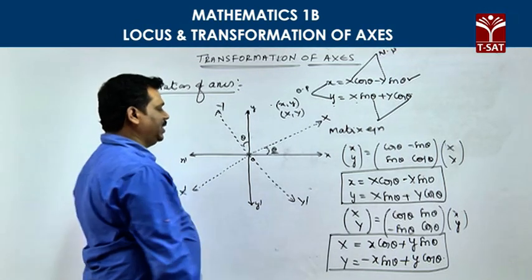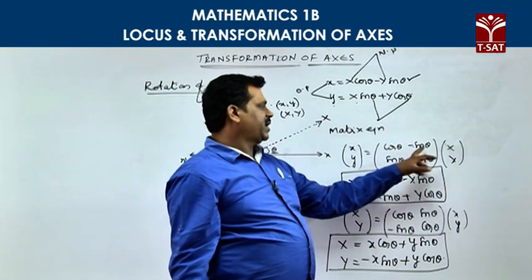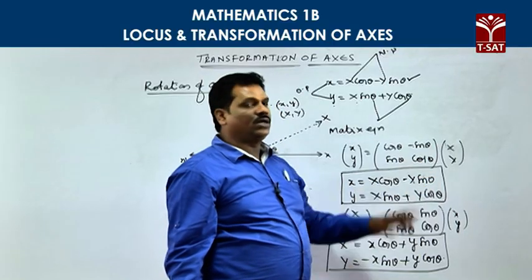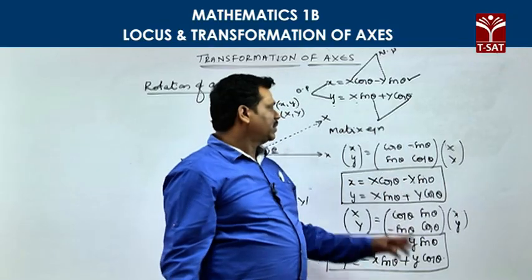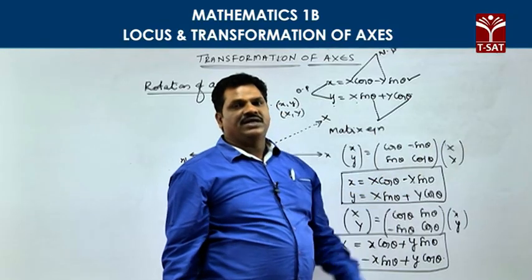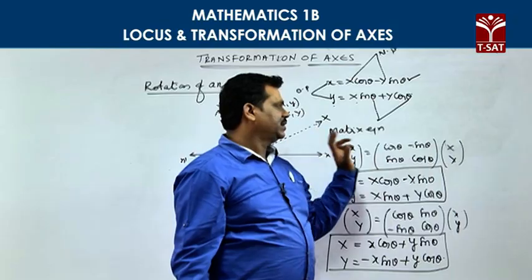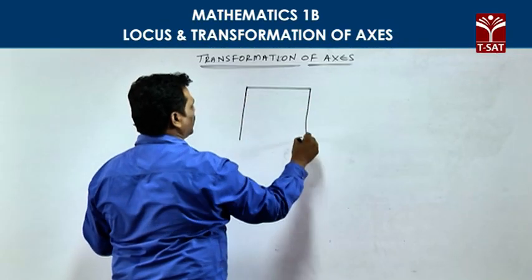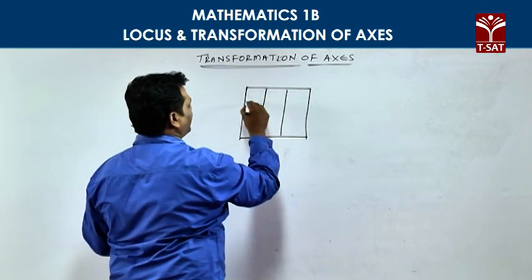And this matrix [cos theta, minus sin theta; sin theta, cos theta] is called the transformation equation, the transformation matrix. Easily remember the new axis and original axis of the rotation of axis.